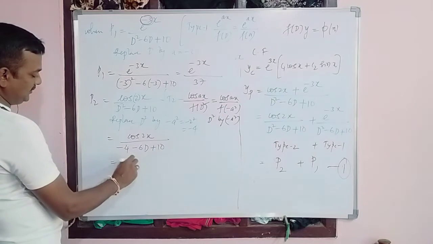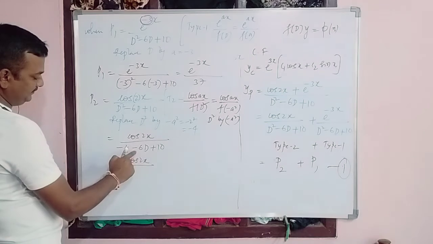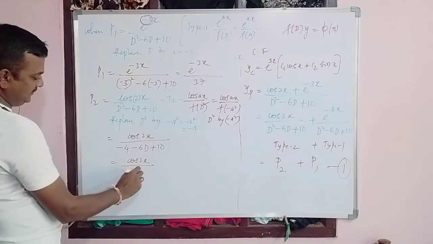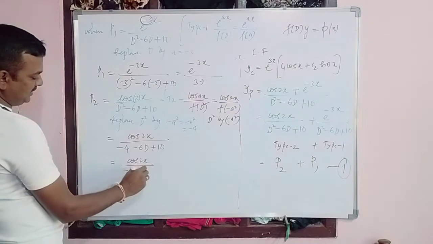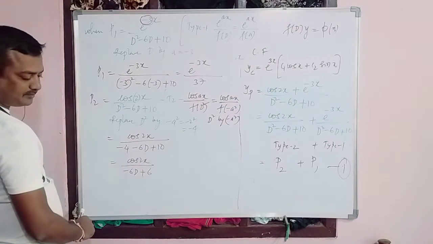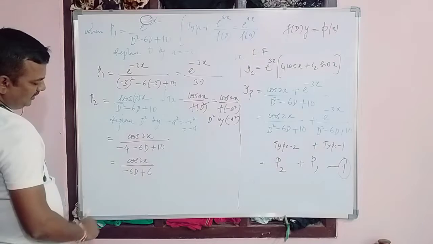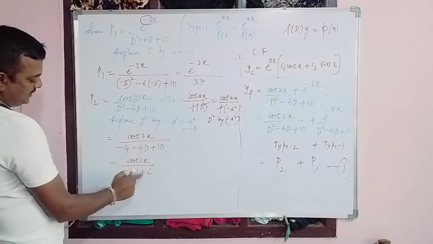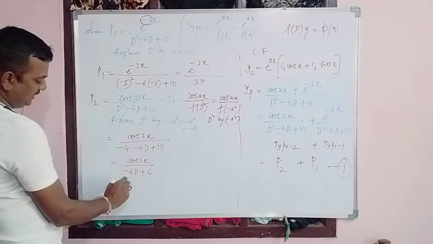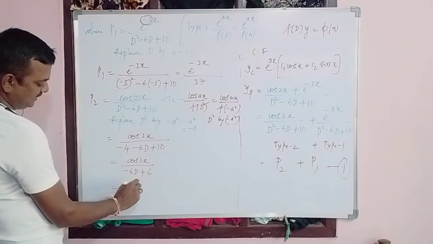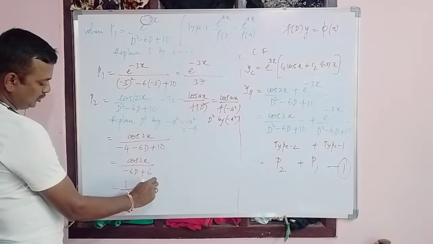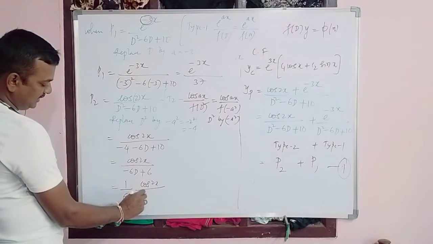So this is cos 2x divided by minus 6D plus 10 minus 4, that is 6. You can take 1 by 6 common in the denominator. What is left here is cos 2x divided by minus D plus 1.